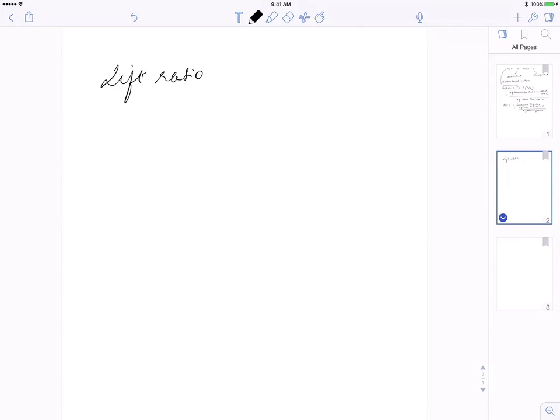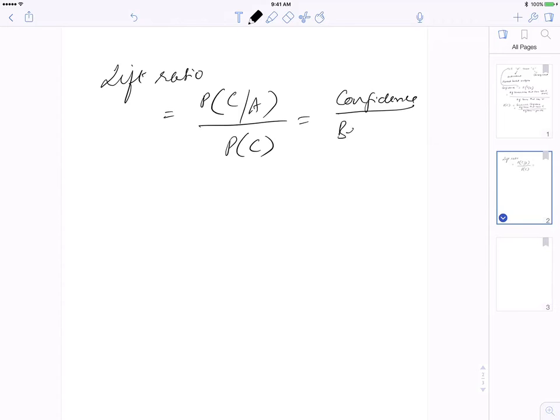So you're looking at the probability of C given A, sorry, C given A divided by the probability of C. So this is nothing but your confidence over benchmark confidence.